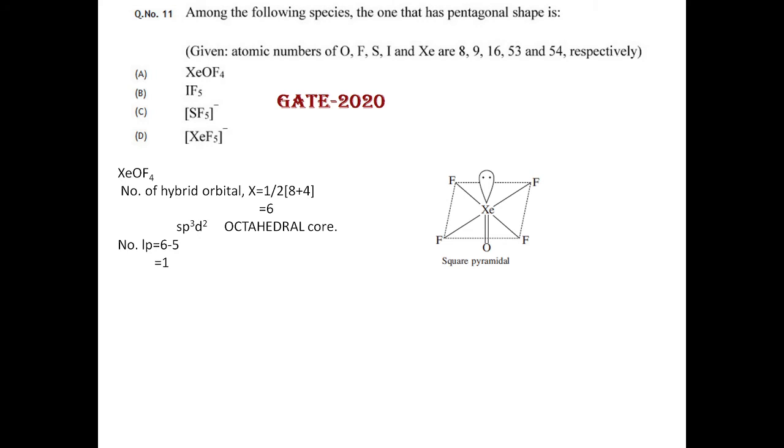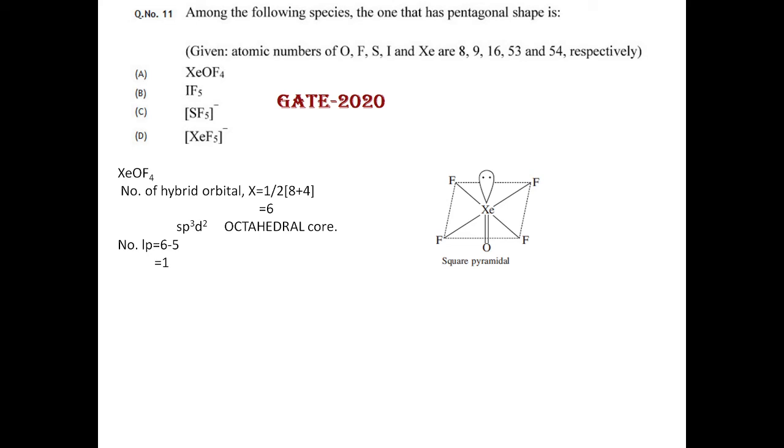Our first example, xenon oxyfluoride: the number of hybrid orbitals will be 6, and that will be an octahedral core. One thing I need to mention: what is the difference between the core structure and the original structure?